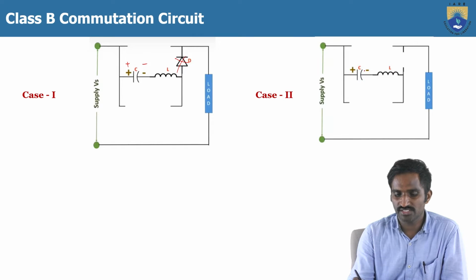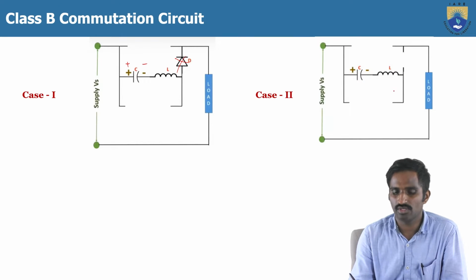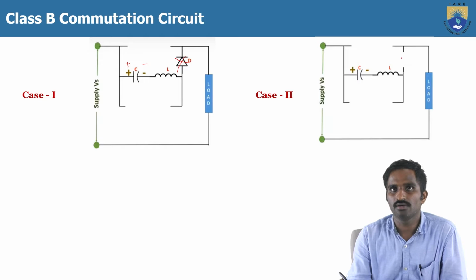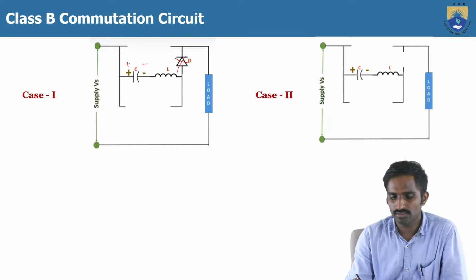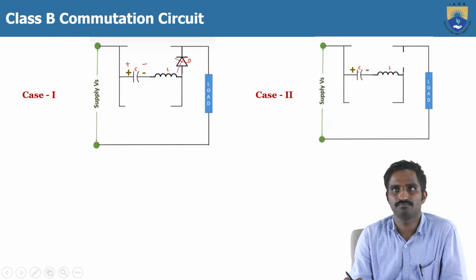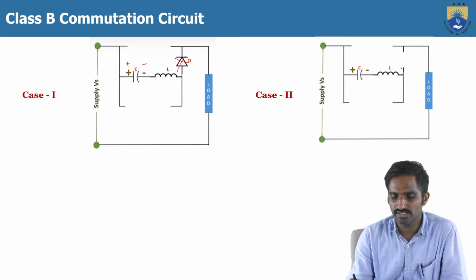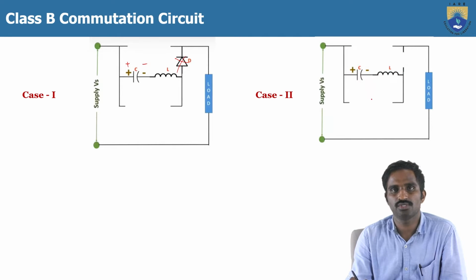When the terminals have been formed plus and minus and the diode has turned off, there is no path to discharge this capacitor, because the inductor path is an open circuit, and in this way this thyristor is also turned off.